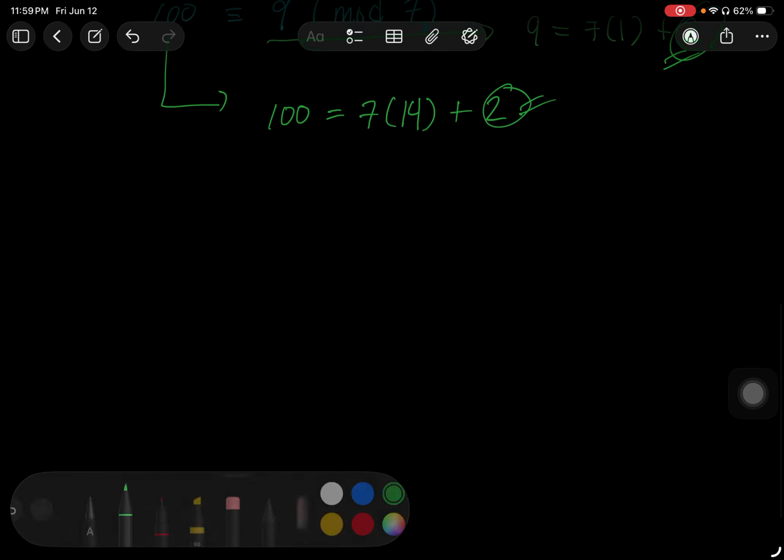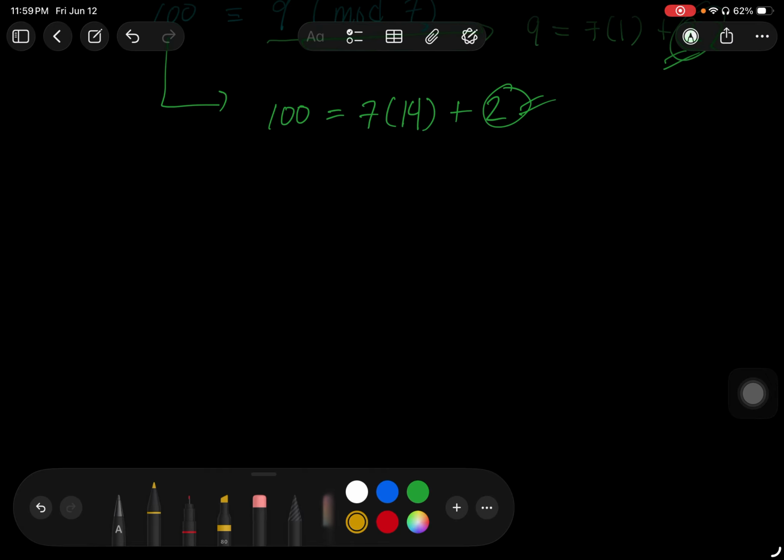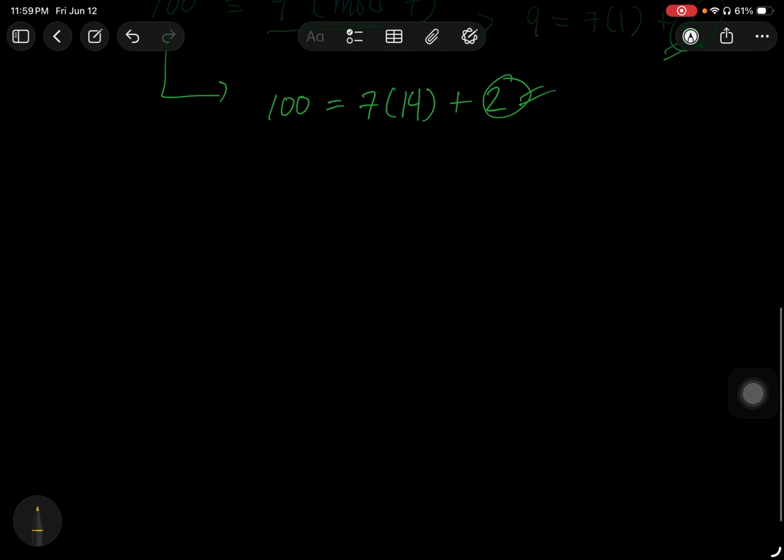Now let's have an example to solve using the reduce base. Reduce base is only effective if the base is larger than the modulo and the exponent is small. So let's have this example: 233 raised to 5 modulo 11.